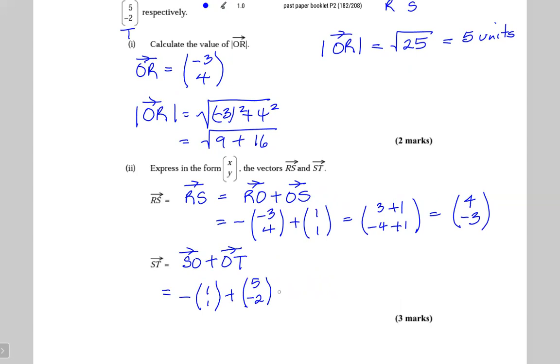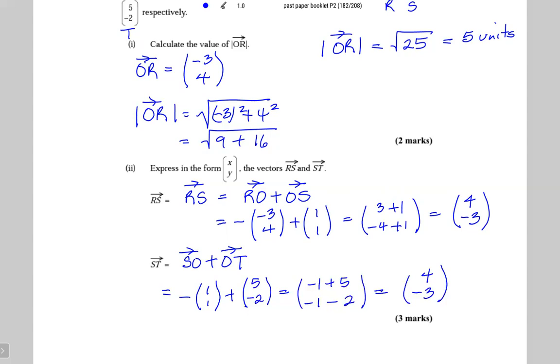So this becomes -1 plus 5, minus 1 minus 2. So this becomes 4, minus 3. Okay, so the two of them, they're parallel. Actually, they're not just parallel, they are equal. So ROST, I think. Well, let's find out.